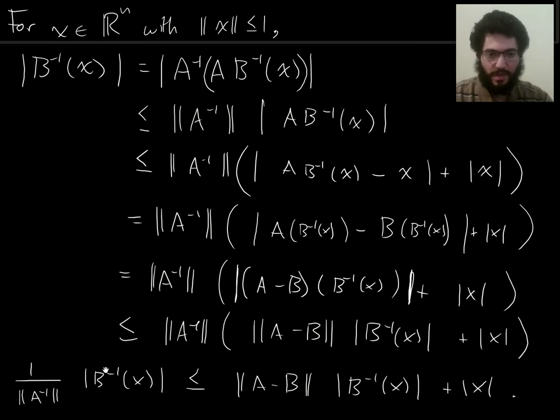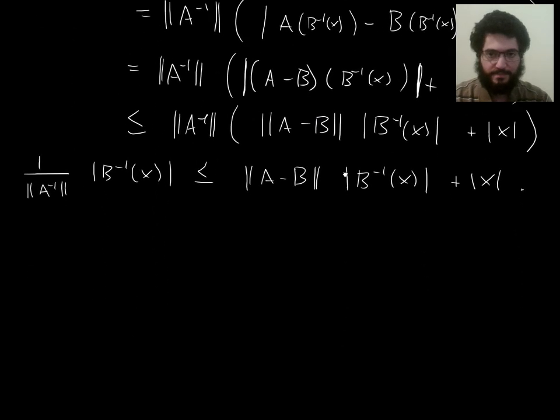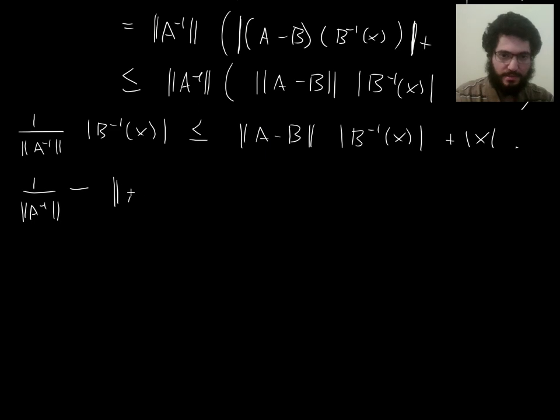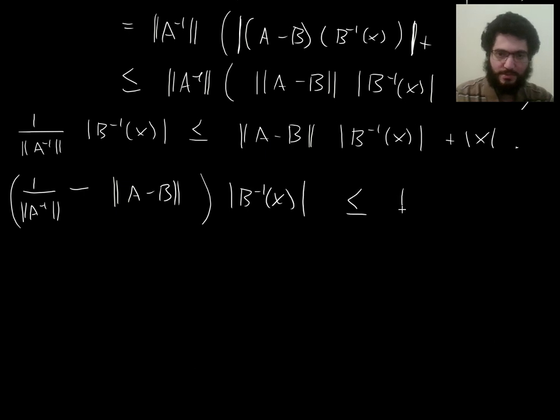So now I'm going to combine these two terms. So I'm going to subtract this from both sides. And I have 1 over norm A inverse minus norm A minus B, all times the norm of B inverse x is less than or equal to the norm of x.